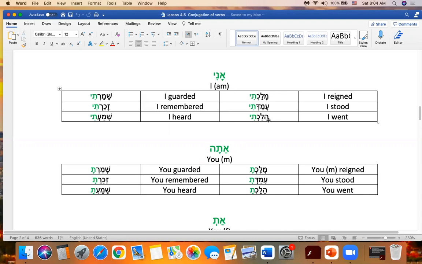Remembered. Zachar, zacharti. I heard. Shama, shamati. So it's really easy when you see tav with a yud, it's usually something that has to do with I. It even works for some of the nouns too. So all you do is attach T at the end of the root.